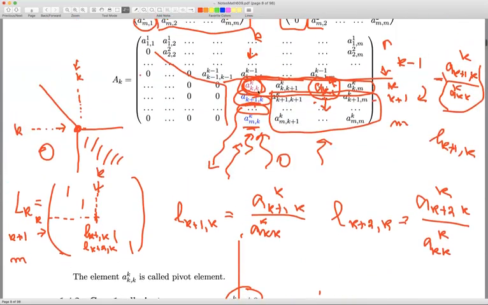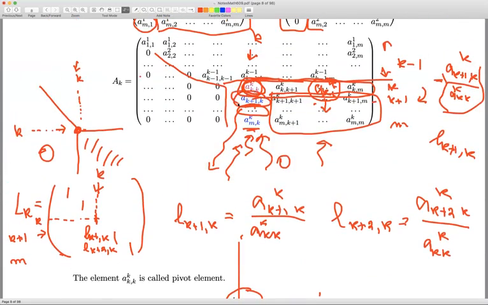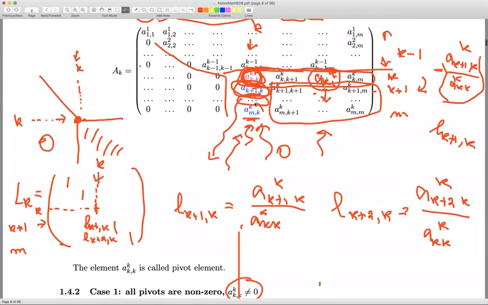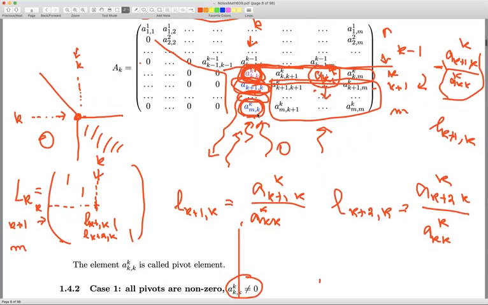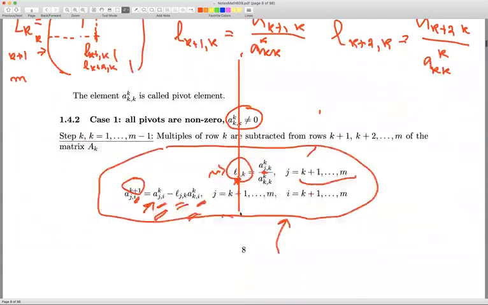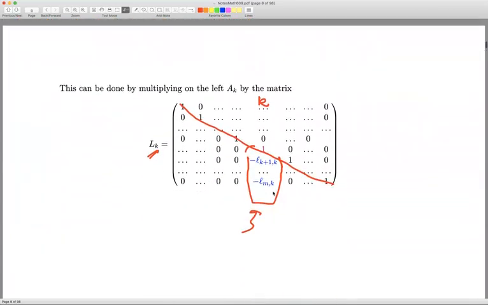We look at this number A k plus 1,k at step k divided by the pivot, and write down the index, which is the same as the existing index, k plus 1,k, and so on up to the last term here. We look at this term, we divide it by the pivot element and populate the matrix at this position, give it index m,k and write it down as an index right here with a negative sign.